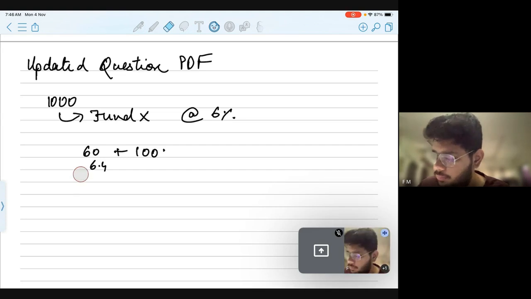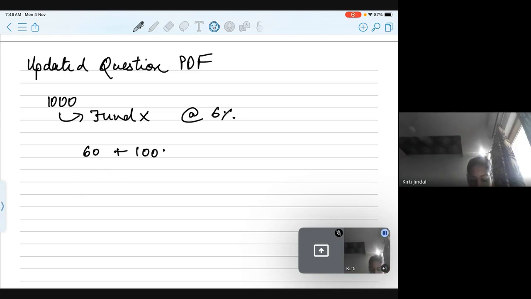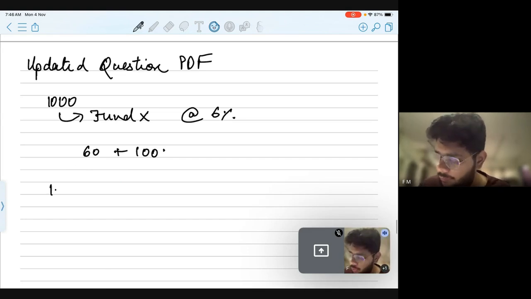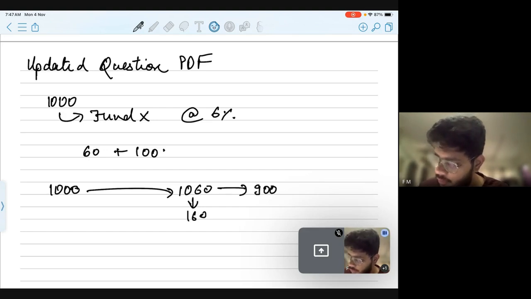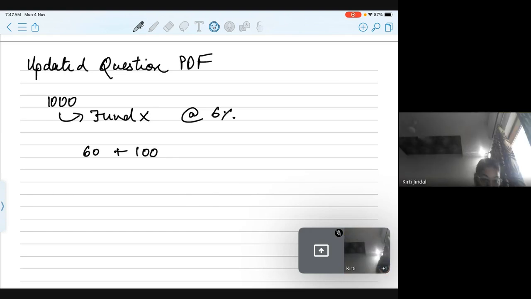How come? Plus 100, no? No. So you have 1,000. That 1,000 becomes 1,060. You withdraw 160. So it becomes 900. How come 940? You're withdrawing principal as well. It's 54 rupees.